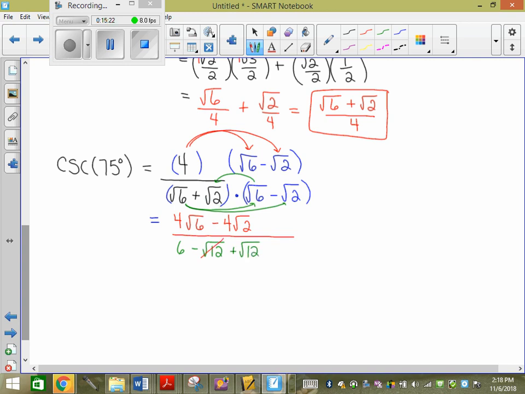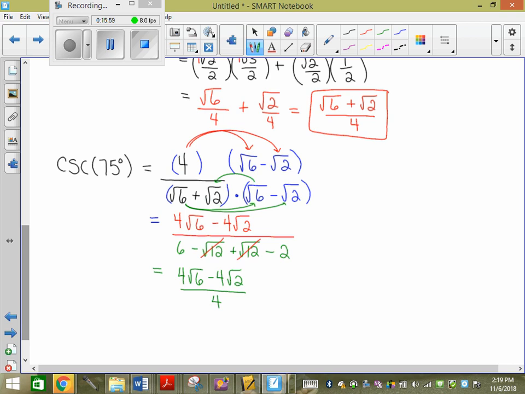That's why we multiply by the conjugate, because it'll make the two terms that have radicals opposite signs, exact same value, and it cancels away. And then our last one is root 2 times negative root 2, which is negative 2. And so we're going to get 4 root 6 minus 4 root 2 over 4.